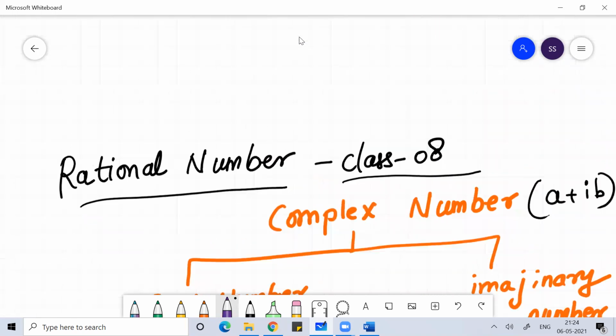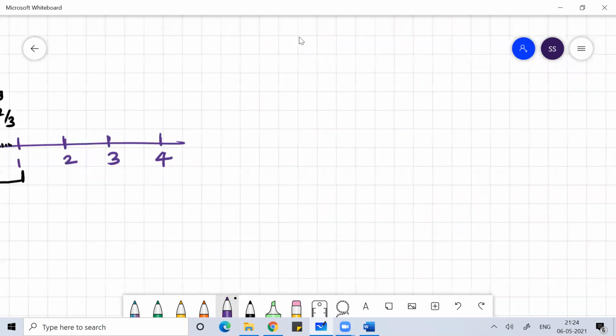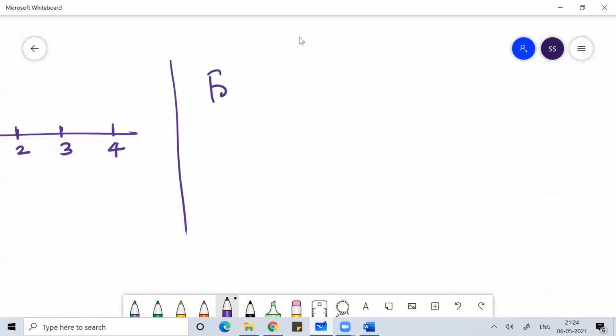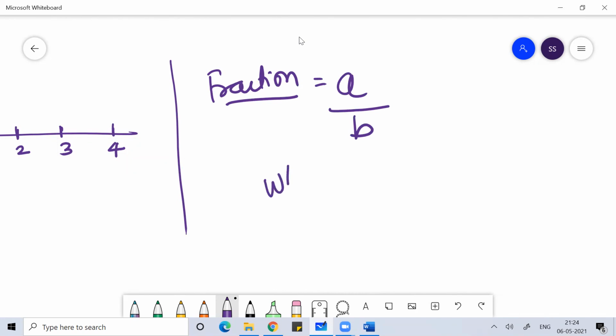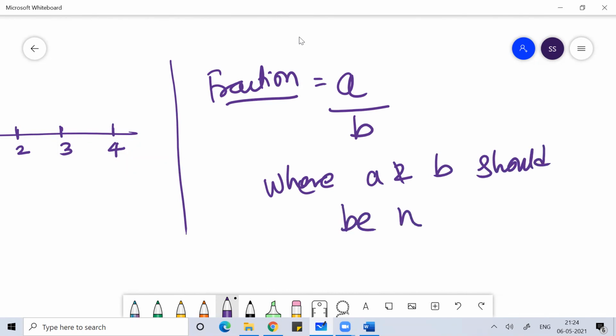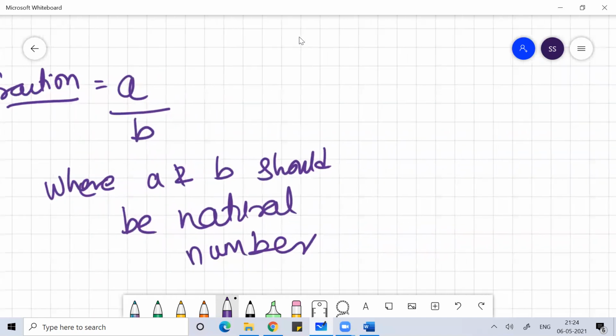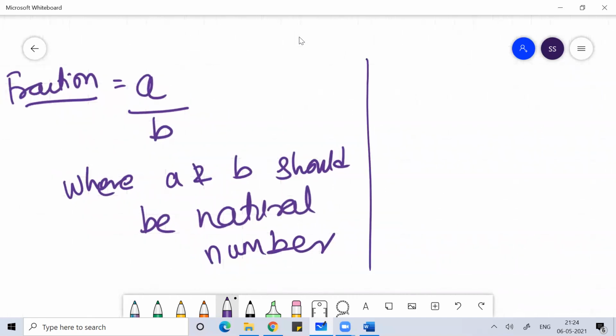When we say fraction, a fraction is in the form of A by B, where A and B should be natural numbers. This is very important. Why so?